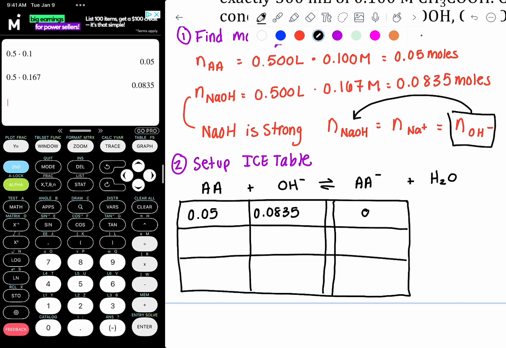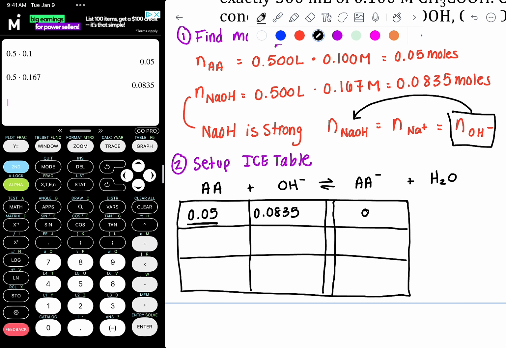Now, with this ice table, we know what our X value is automatically, because we know that this is a neutralization reaction and essentially all of the acid is being used and neutralized with the base. So all 0.05 moles of that acetic acid are going to be used up in the titration. That's the definition of a titration. The equivalence point is when I've used up all of my acid and enough of my base to neutralize my solution and create my product.